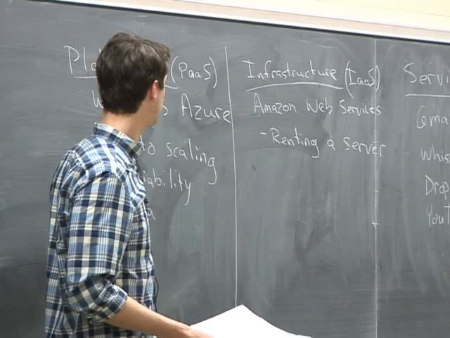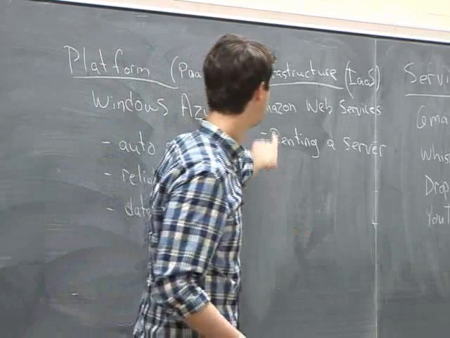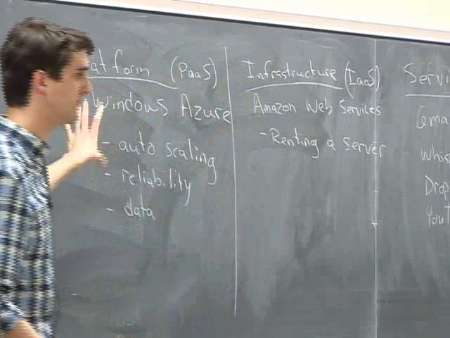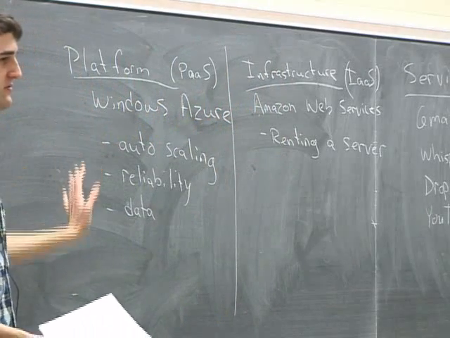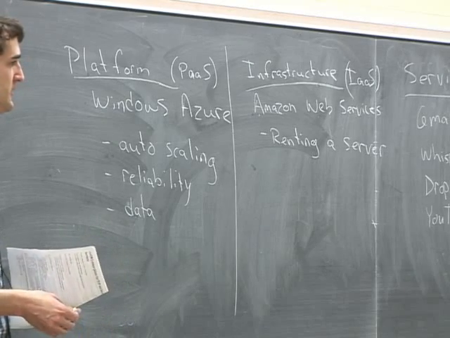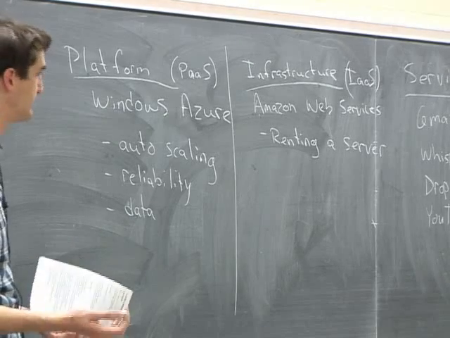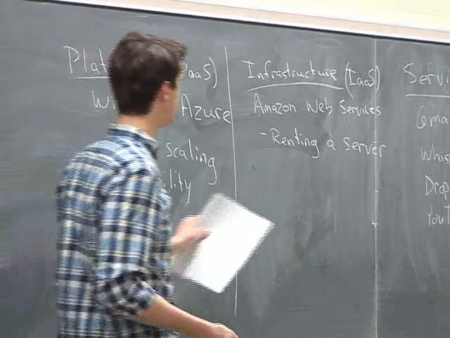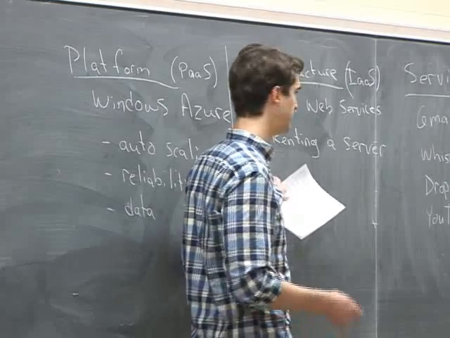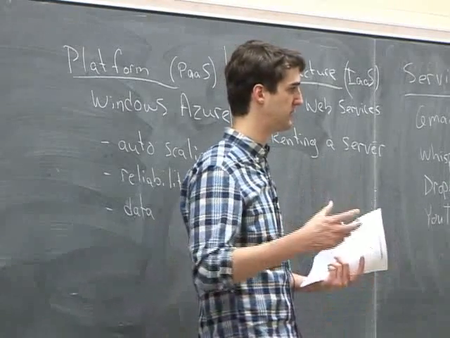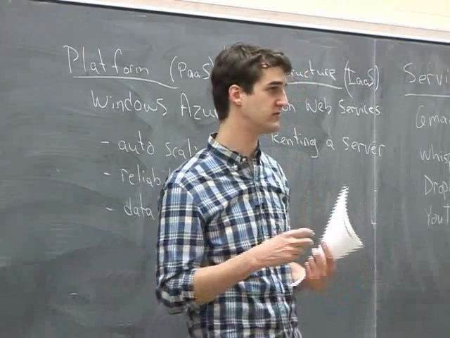Can someone tell me what a disadvantage of using infrastructure as a service is versus building an application on top of a platform? Like you said, a platform has auto-scaling, whereas here you're just running a single server. Exactly. If you're writing an application here and you're just renting a server, and you want to scale it up and get another server, you have to write that manually.